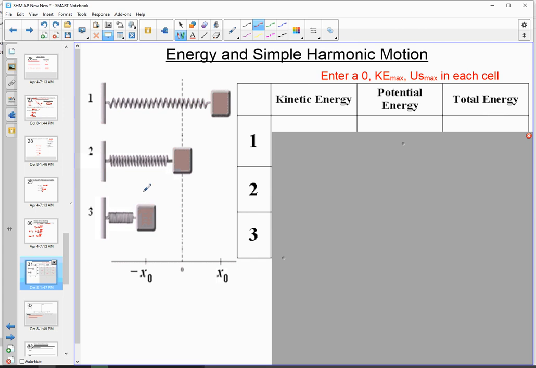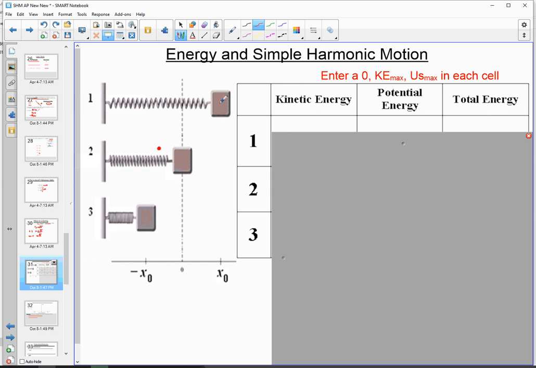These are the two extreme cases, so if we were to pick some place in the middle, it would have some potential energy and some kinetic energy. We're just picking the places where it's going to have all one or the other, not a blend of the two. So when we pull the mass all the way to the right, before it starts heading back to the left, what kind of energy does it have?